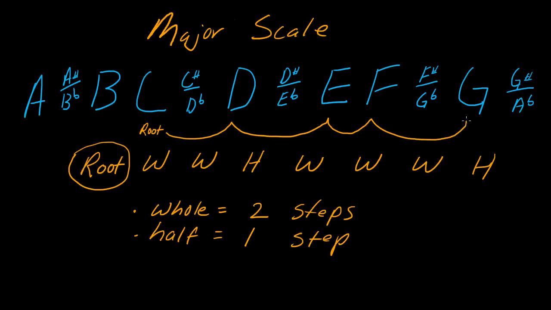Now I'm going to skip this and continue over here. So it lands on a whole, another whole, whole, half. Half takes you right back to the root. Okay? Let me try that again in a different key.